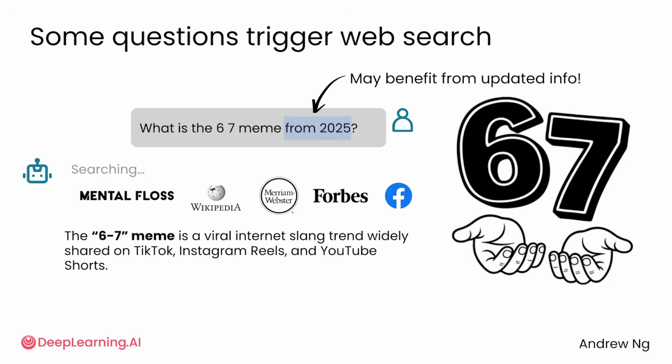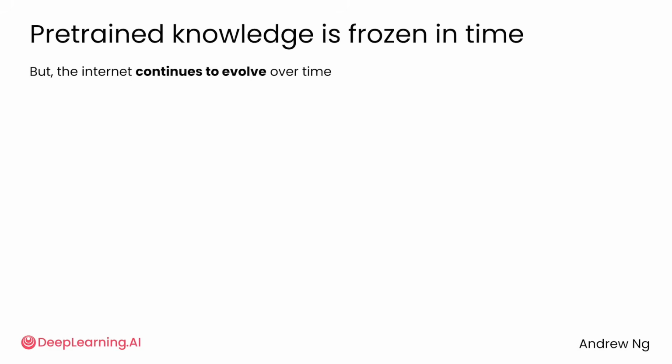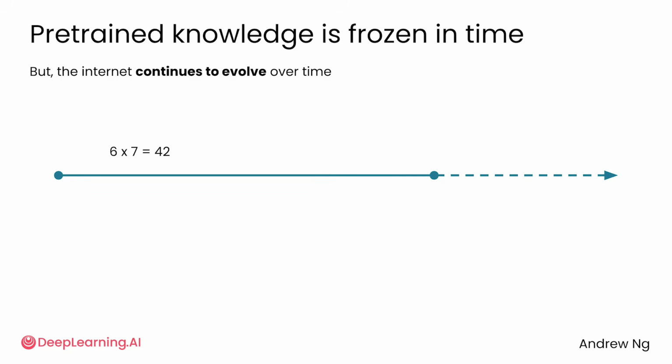Here's what I mean. A specific AI model's pre-trained knowledge is frozen in time, even though the internet continues to evolve over time. And so if this line represents time, then for a long time, the internet will have had pieces of text that say 6 times 7 equals 42, text that talks about the children's joke, why was 6 afraid of 7? Because 7, 8, 9.